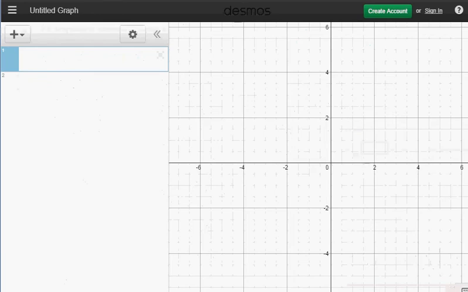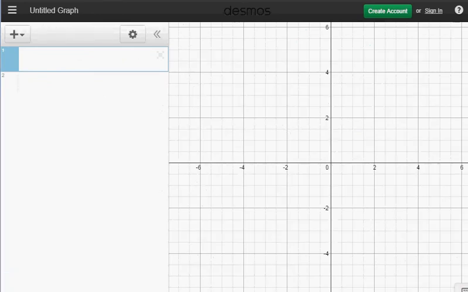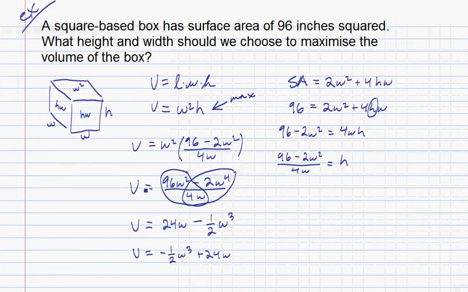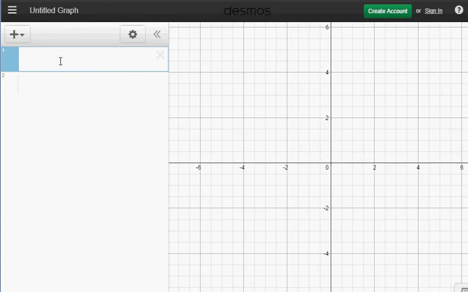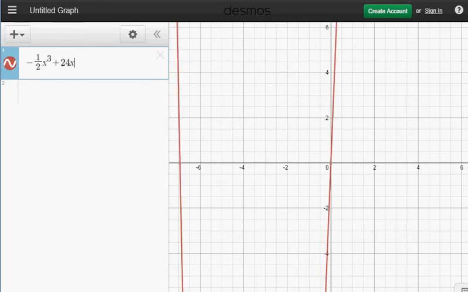So we have decimals pulled up here, and going back to the problem, we are going to put negative 1/2 w cubed plus 24w into decimals. Plus 24w, right?